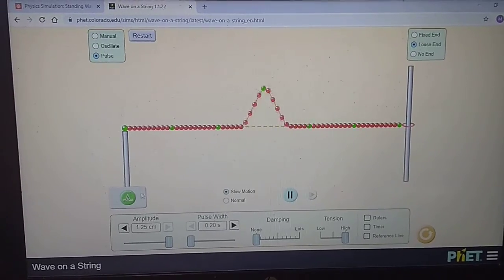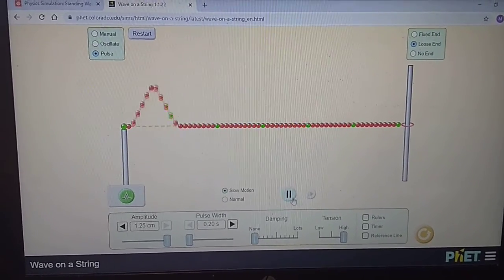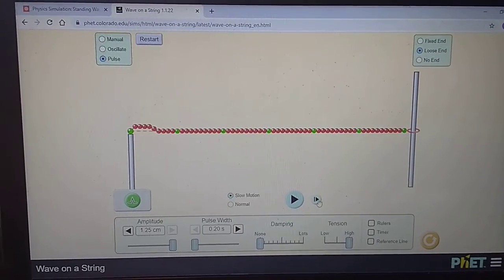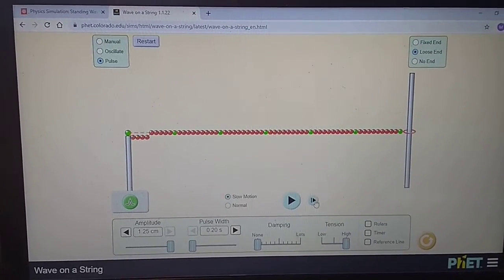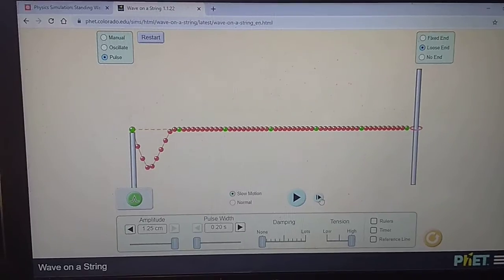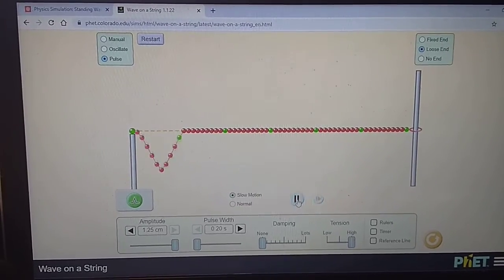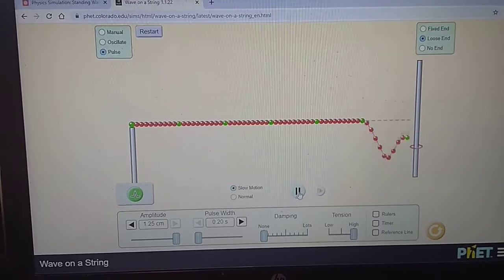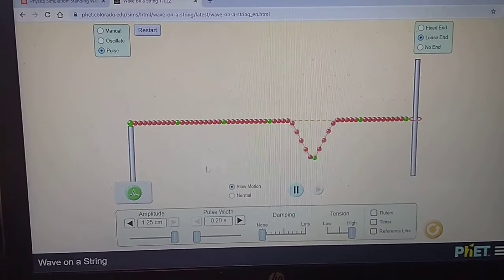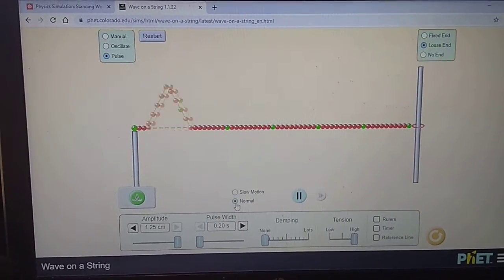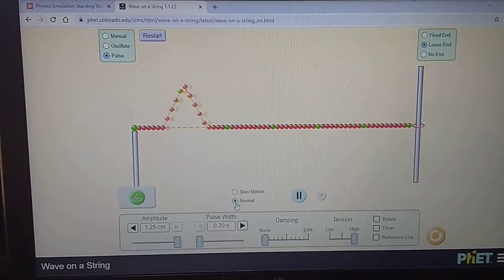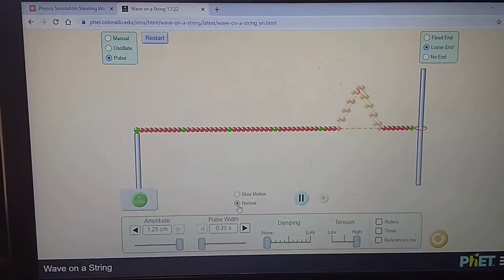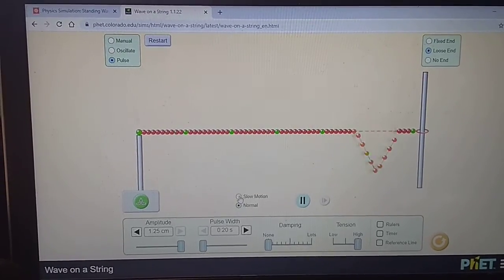Okay, so the wave is coming back, and watch again, and we can watch it in slow motion if you want. We actually have destructive interference for a second, and then the wave seems to invert. And then it continues. When it hits the movable boundary here, it's going to stay the same orientation. When it hits the fixed boundary here, it's going to flip. So you can actually predict kind of what's going to happen. Flip, stay the same, flip, stay the same, and so on and so forth.